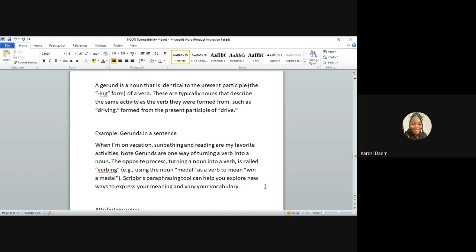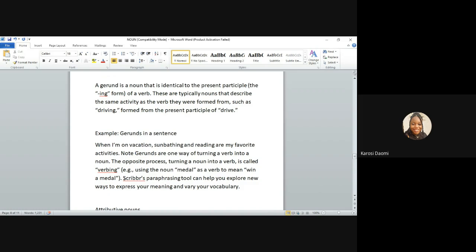Now, gerunds are one way of turning a verb into a noun. The opposite process, turning a noun into a verb, is called verbing. Now, you also have situations where sometimes you use a noun as a verb, and that action is called verbing.